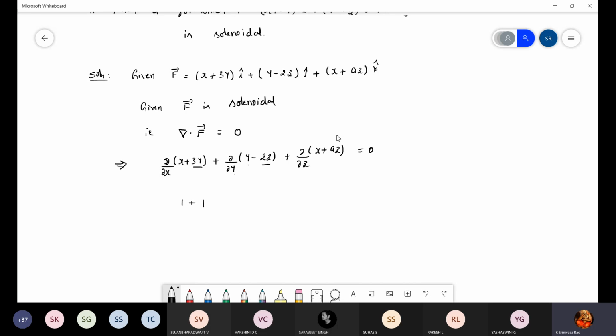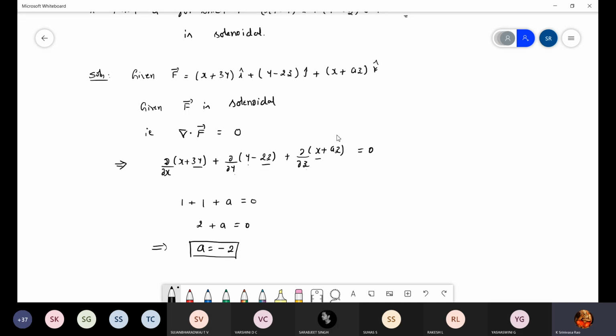Minus 2z is constant, again it is 0. Plus partially with respect to z, x is constant, 0. Plus you will get a. Is it right? That equals 0. So 2 plus a equals 0, which implies a equals minus 2.